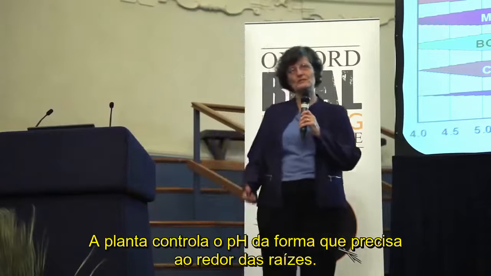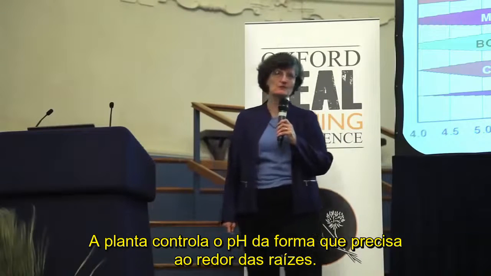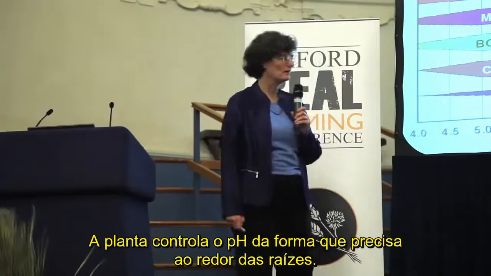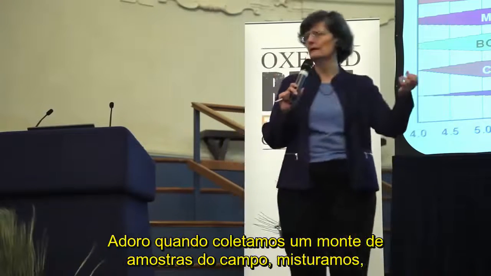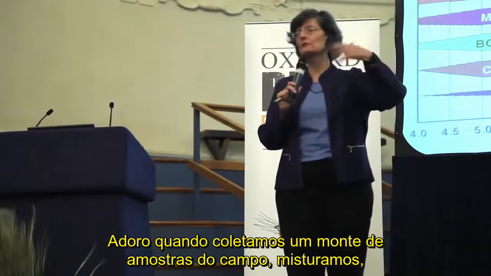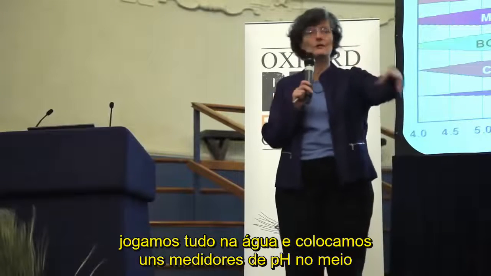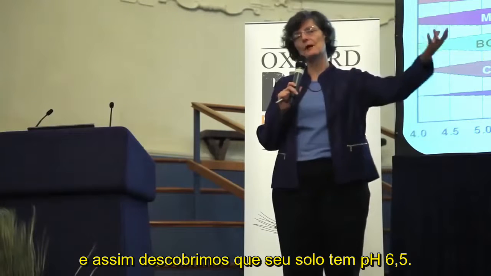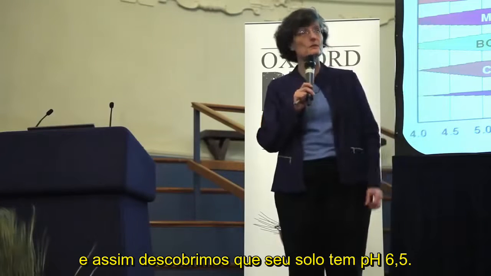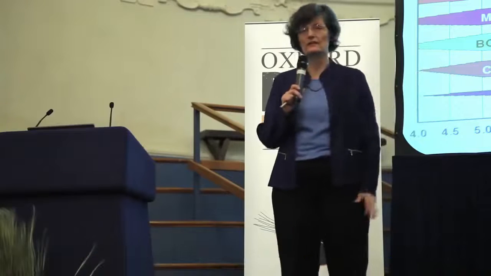Because right around the root system, the plant is controlling the pH to what the plant requires. And so the plant's going to be doing these changes. I love it when we take a whole bunch of samples from your field, mix them all together, throw that into water, and stick a couple of pH probes in there, and we come up with the fact that your soil has a pH of 6.5.